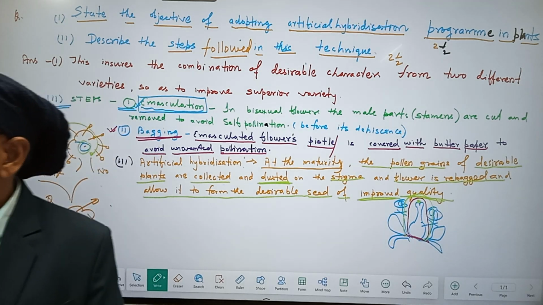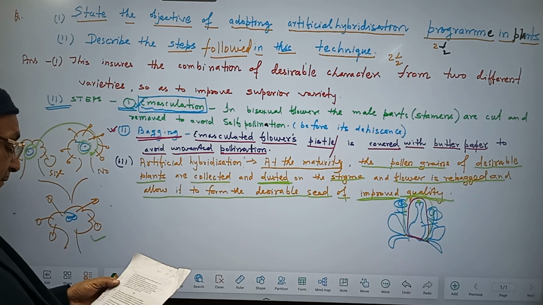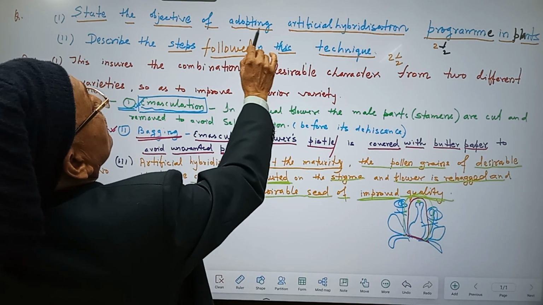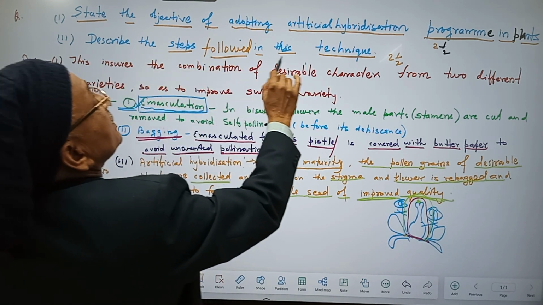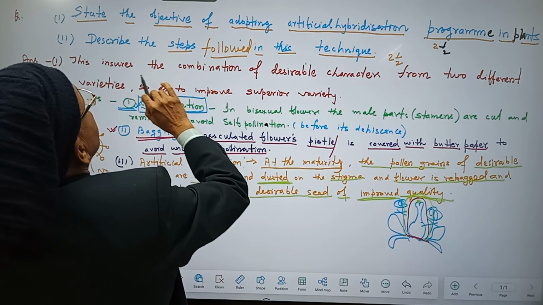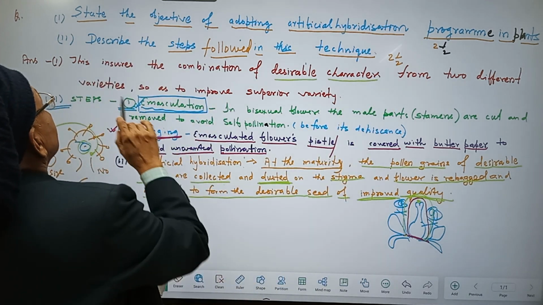How will your marks be given here? For the objective of adopting an artificial hybridization program, you state that it ensures combination of desirable characters from different varieties.